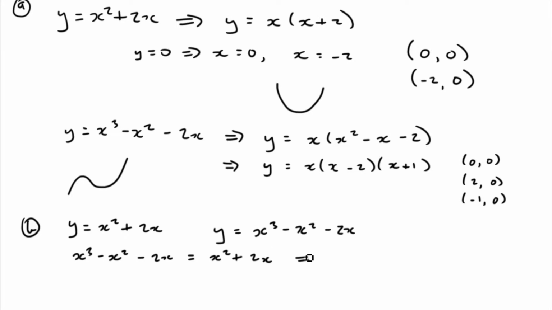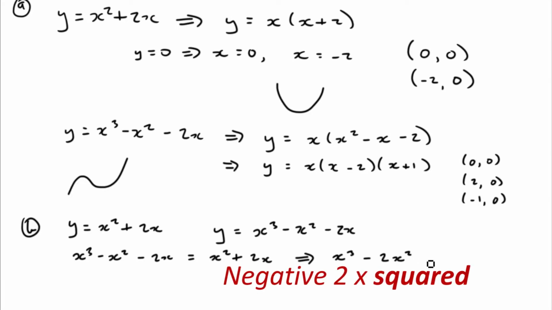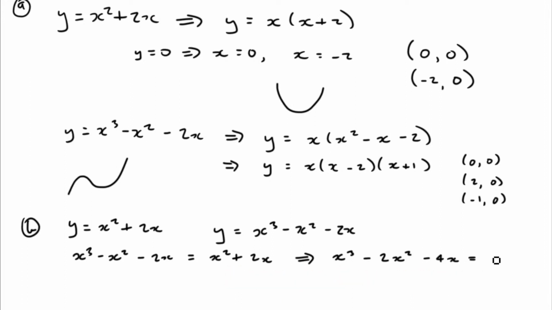Bringing everything onto one side, we have x cubed. Now if we subtract an x squared from both sides, we'll have negative 2x. If we subtract 2x from both sides, we'll have negative 4x. That's all going to be equal to 0. So this is the equation which is satisfied at the points of intersection of the curves.